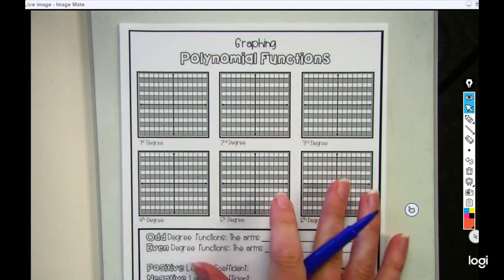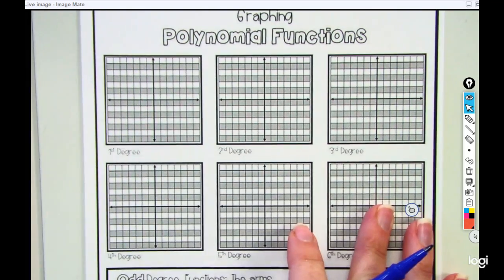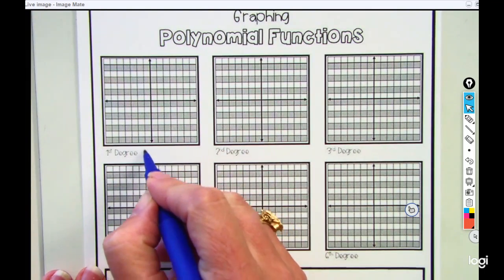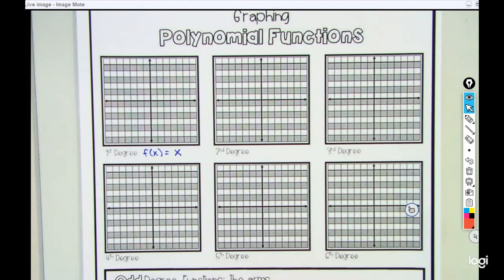You guys know what a first degree polynomial looks like. What do I mean by degree, by the way? The greatest exponent is 1. So what does a polynomial with degree 1 look like?